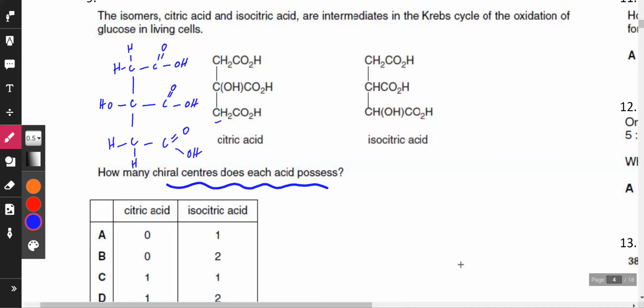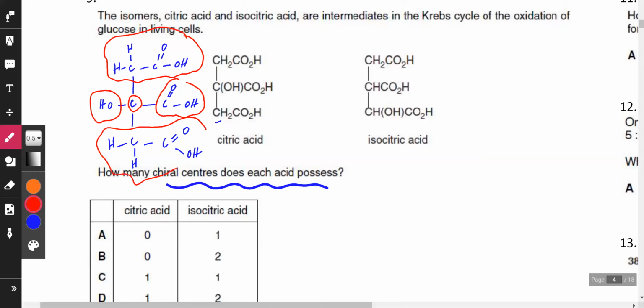Which carbon atom is chiral? Sir, the middle part of it. You're saying this one is chiral. No, this is not chiral, because this side is different and this side is different, but the top and the bottom are exactly the same.